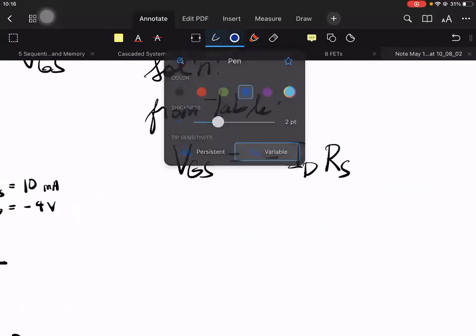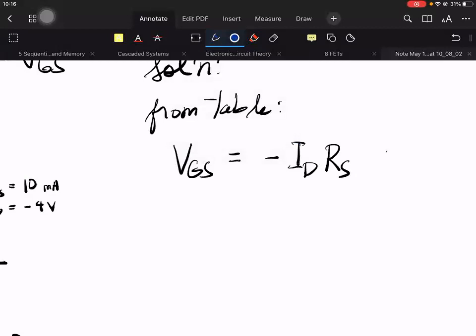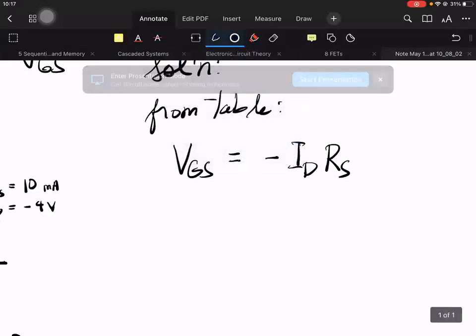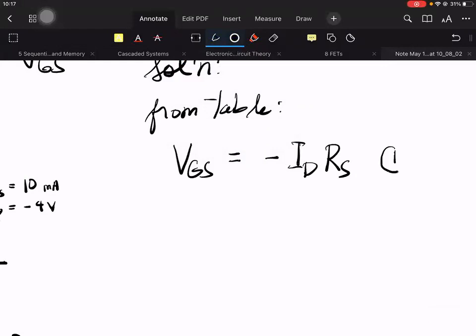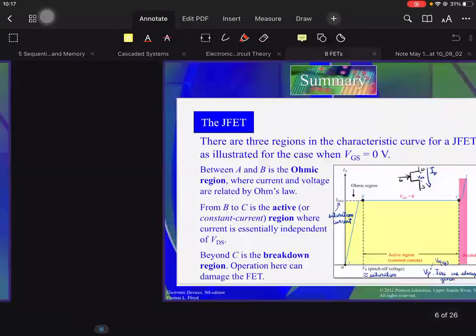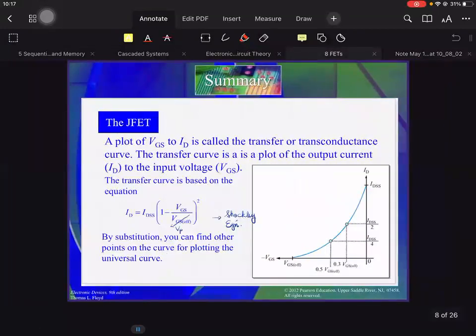This is equation 1. What is equation 2? The Shockley equation. Again, it should already be memorized. If not, you can see it in the slides.